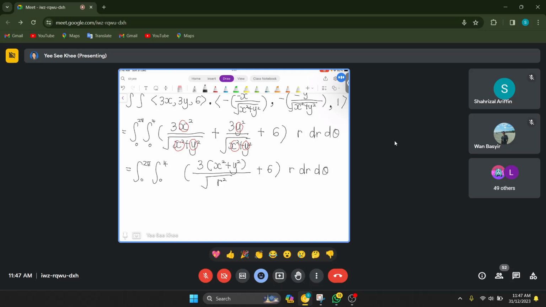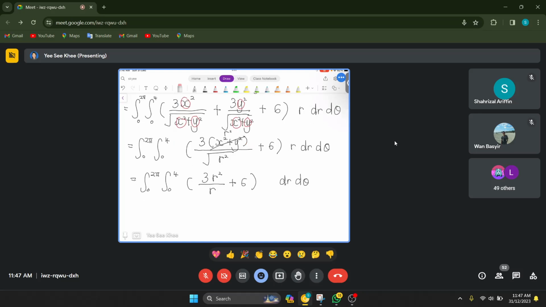In fact this one you can write as r, so it will be 3r squared over r plus 6. Here you have one more r, so in fact you can multiply it into the bracket. So I straight away multiply it, and you get this one.